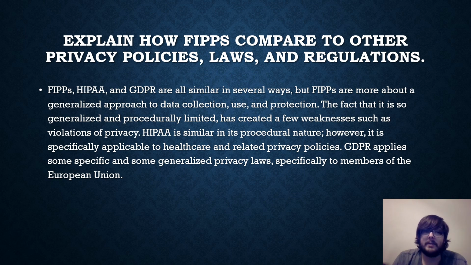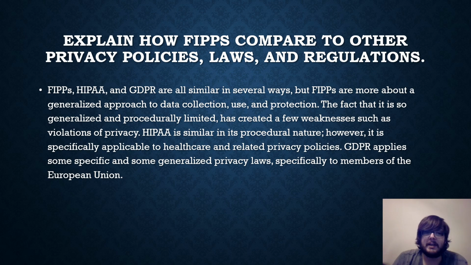Explaining how FIPPs compares to other privacy policies, laws, and regulations. FIPPs, HIPAA, and GDPR are all similar in various ways, but FIPPs is more about a generalized approach to data collection, use, and protection. The fact that it is so generalized and procedurally limited does create a few weaknesses, such as it can very easily have a violation of privacy.